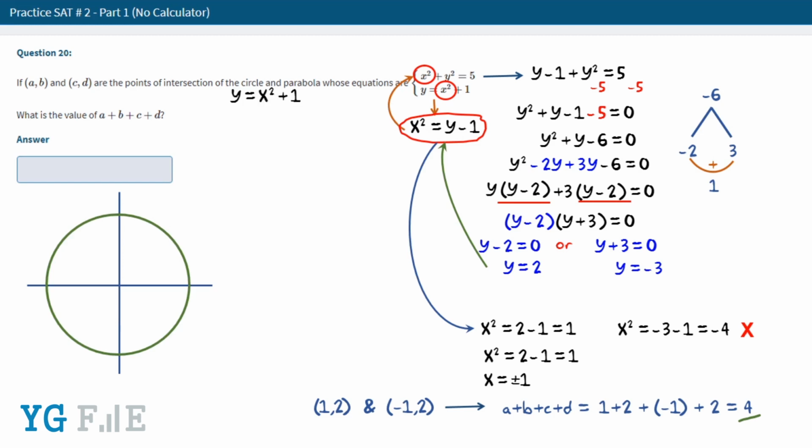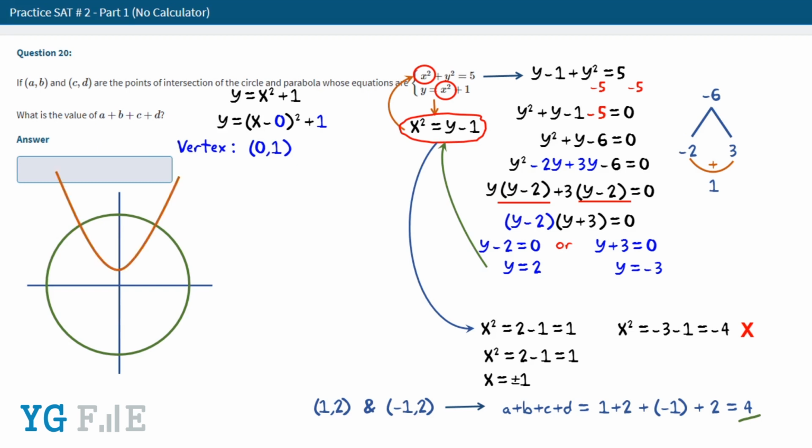The second equation is y equals x squared plus 1. To draw this parabola, it will be easier if we rewrite this equation into a vertex form like this one. So we can clearly see that the vertex of this parabola is (0, 1), and then we can draw the graph.